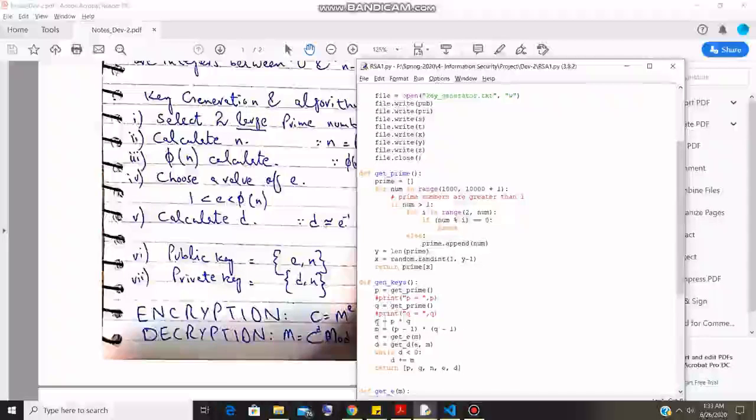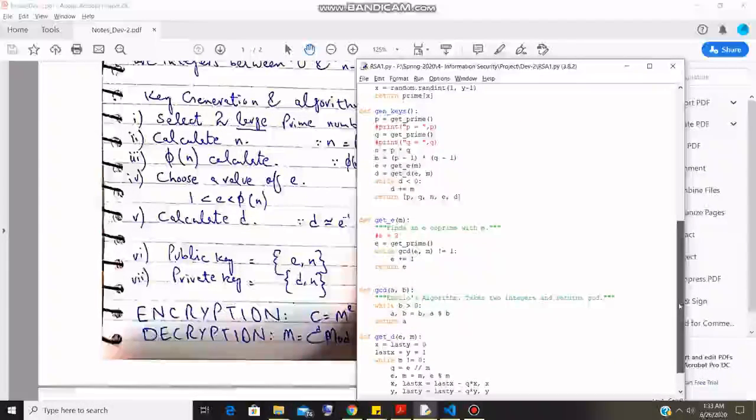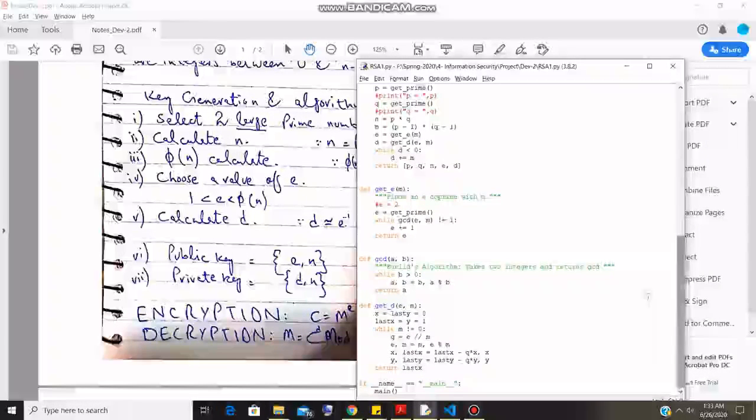So we have written m as phi of n, p minus 1 into q minus 1. After the calculation, we are going to get the same calculation as we did here to calculate our public and private key.